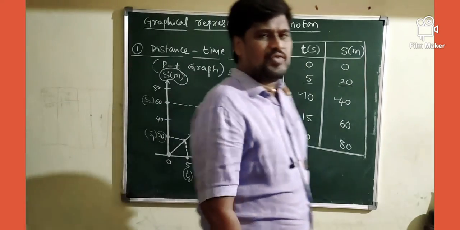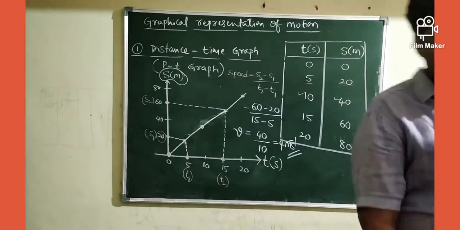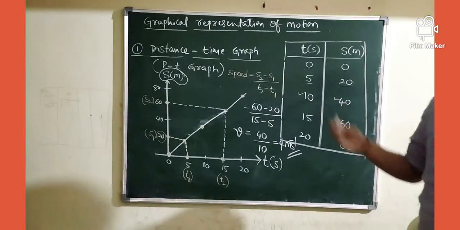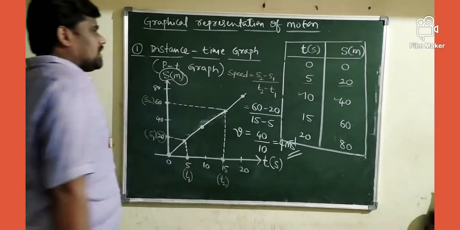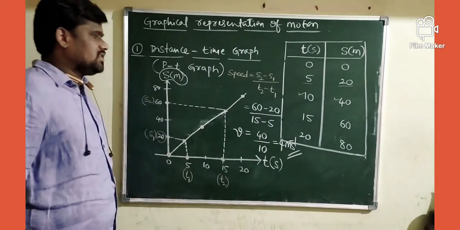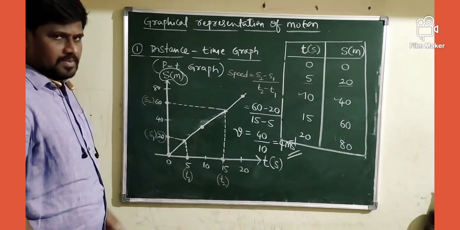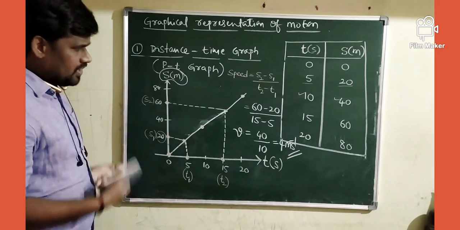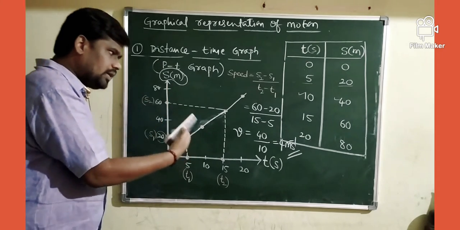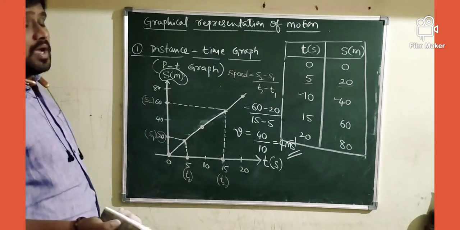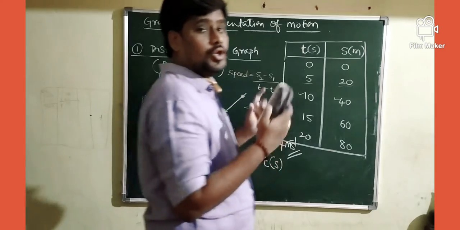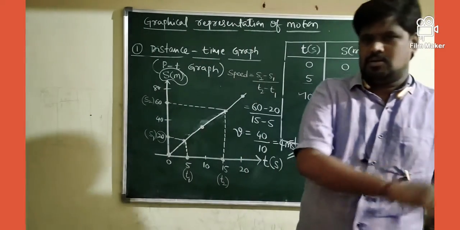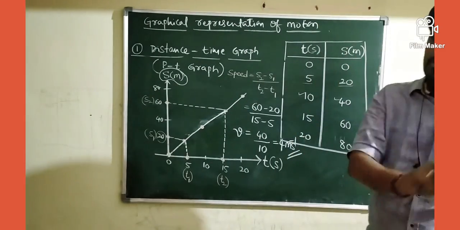Suppose this graph is not a straight line. What is the meaning when this graph may not be a straight line? When the body is not covering equal distances in equal intervals of time, then I can say that the body is moving with a non-uniform speed or non-uniform velocity.